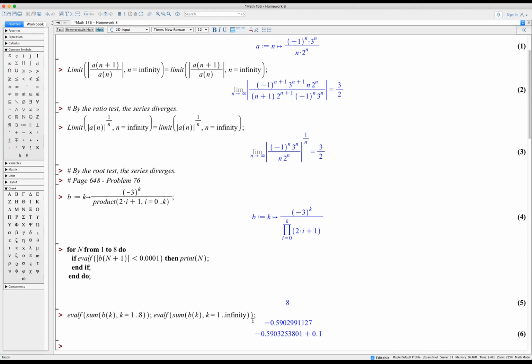So this first number is the sum of the first 8 terms, and that's within 1/10,000 of the true value of the sum of the infinite series. Yeah. That's what it is.